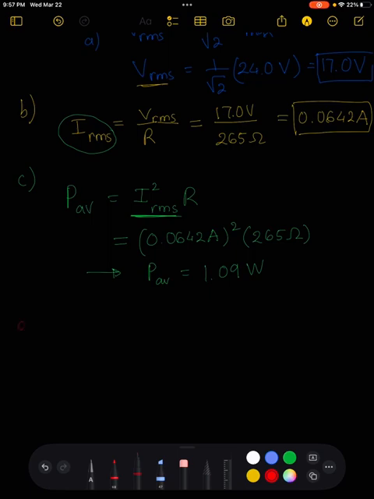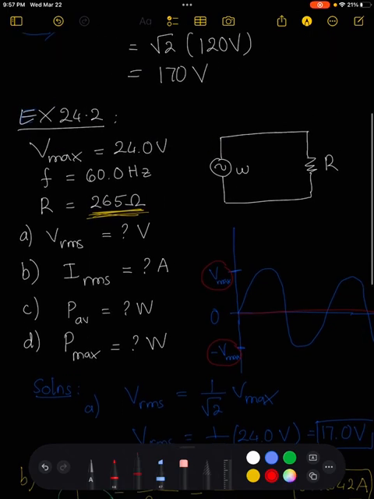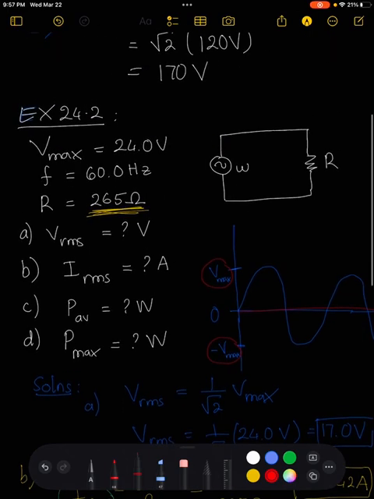Alright, part D. Okay, so we got the average power that the circuit consumes. Now we have to find the maximum power that is dissipated in the resistor.